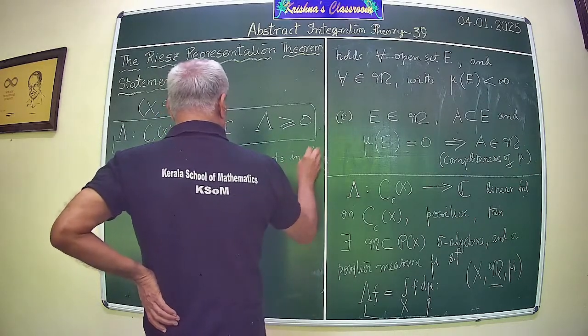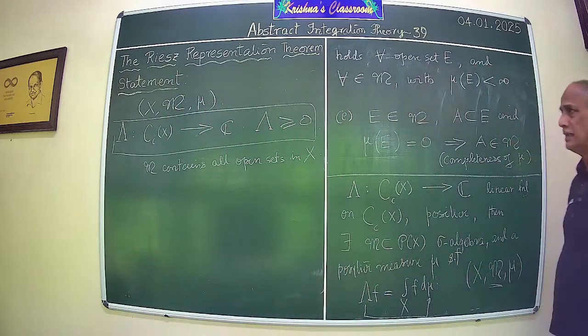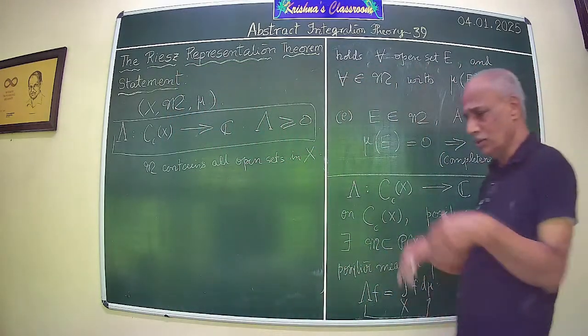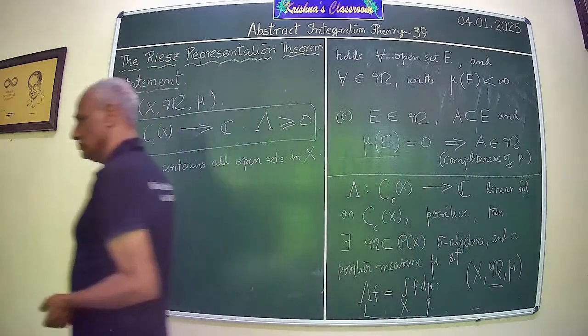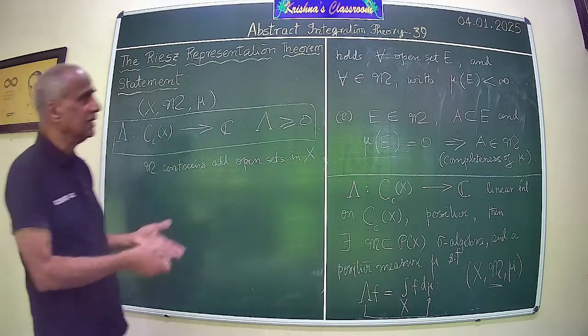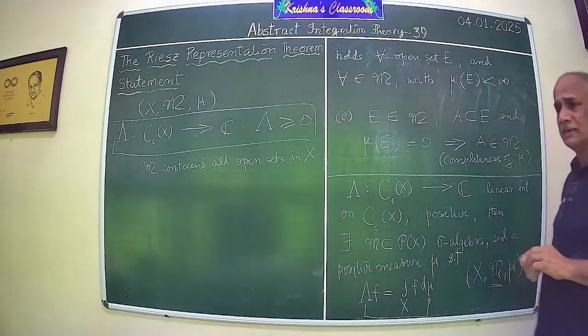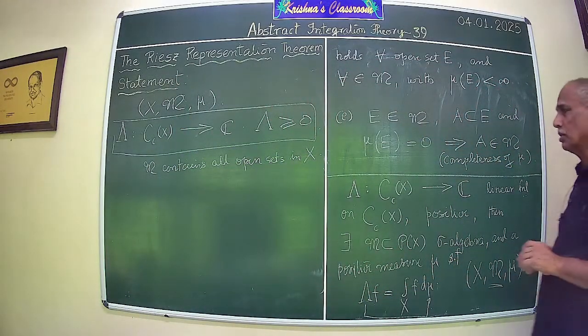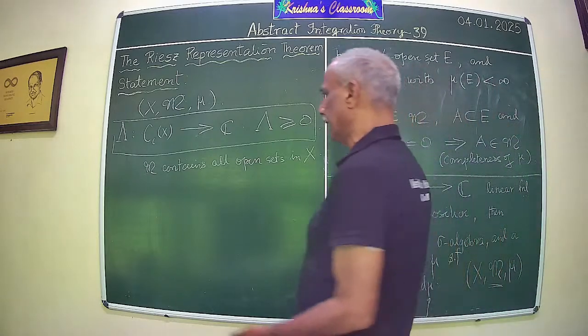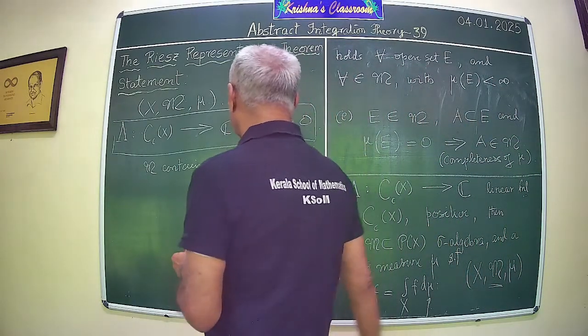What does it mean? What are the open sets? The open sets form the topology of X, or in other words, it's a topological space. A locally compact Hausdorff space means there is a topology under which it has the property that it is locally compact and the Hausdorff separation property is satisfied. So you have on X two structures.